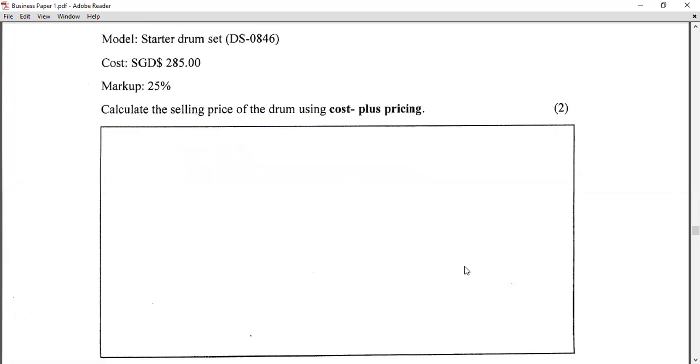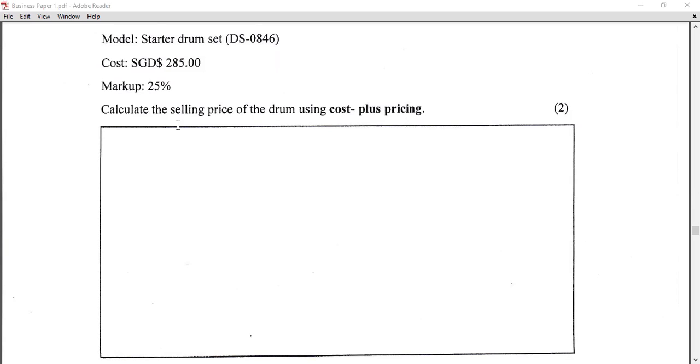So with the 25% markup, you can sell this item in the market. One student asks, if you multiply 285 by 125%, would you still get marks? Yes, you still get marks. You need to multiply separately.